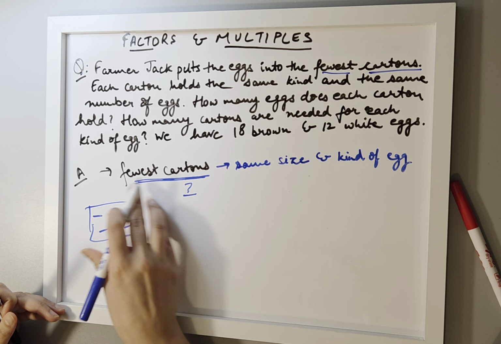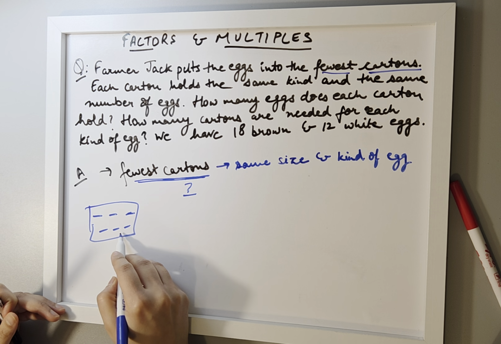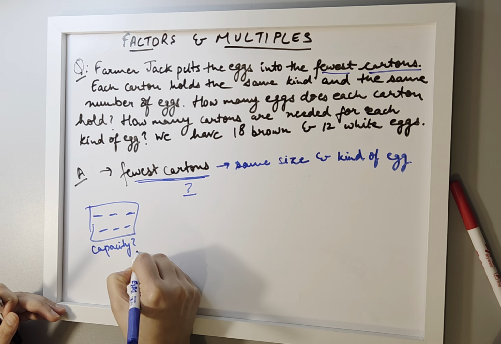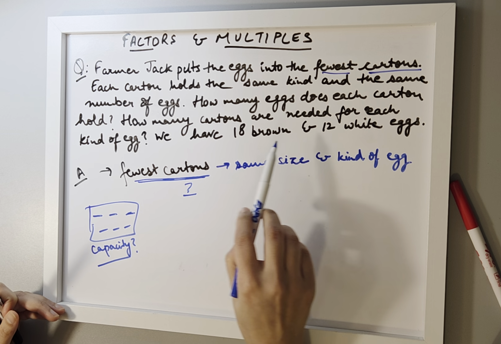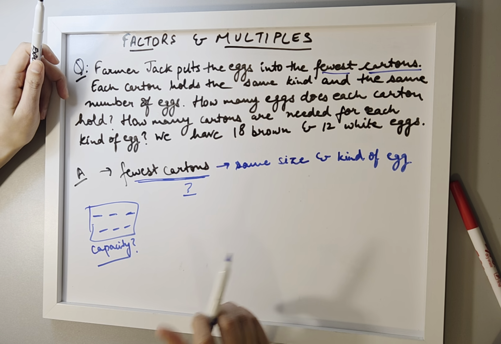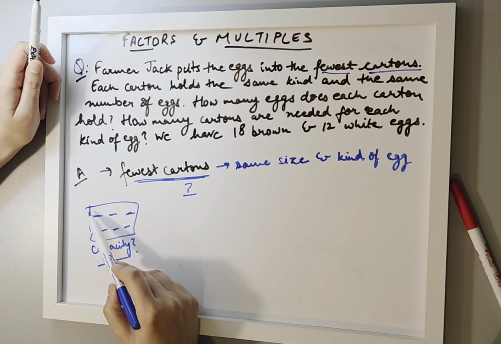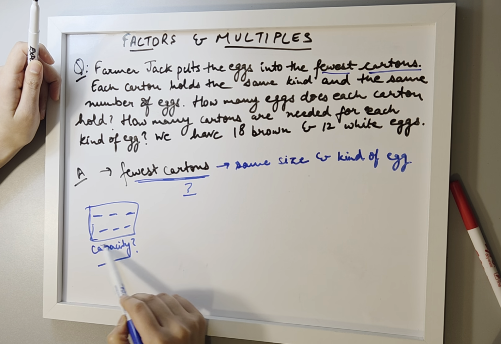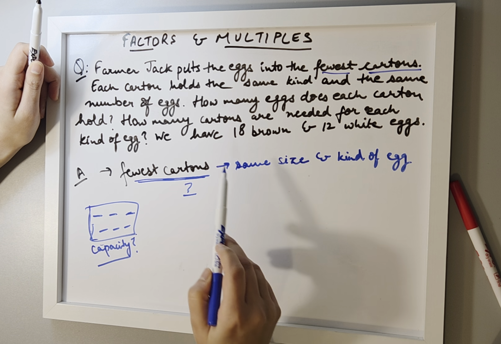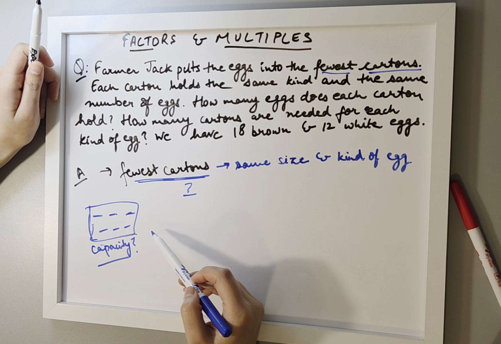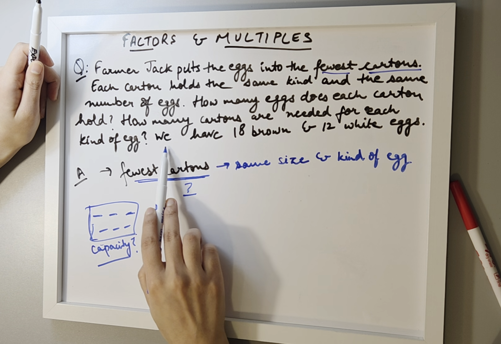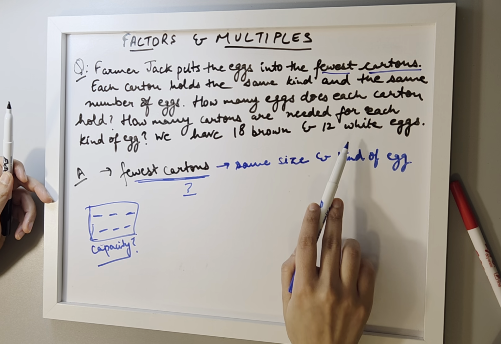So we have to find how many eggs each carton holds, what the capacity of the carton is, and how many cartons are needed for each kind of egg. So there are two things. One is we have to find the carton capacity, the size, and then how many cartons we need for each kind of egg.